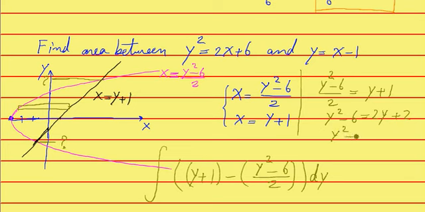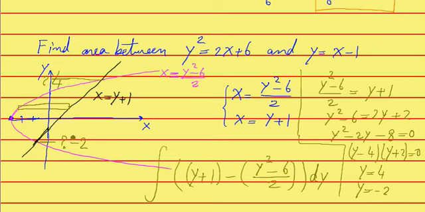Y squared minus 2y minus 8 is equal to 0. Factoring this is y minus 4 times y plus 2 equal to 0. That gives us y is equal to 4 and y is equal to minus 2. So this is minus 2 and that is 4.